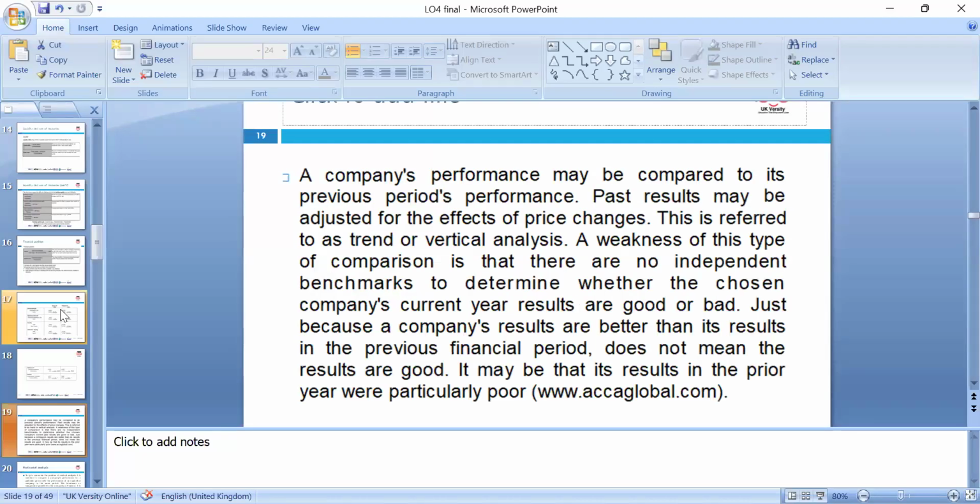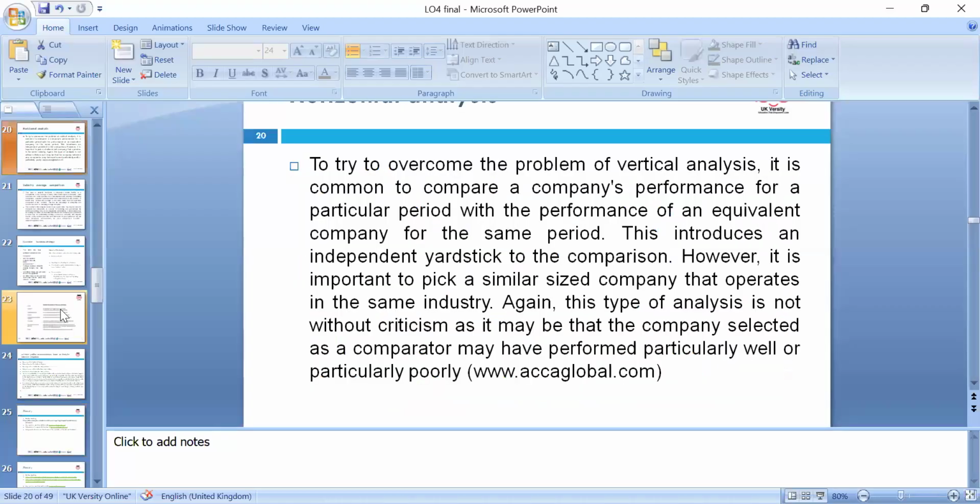A company's performance may be compared with its previous period performance, and past results may be adjusted for the effects of price changes. This is referred to as trend or vertical analysis. The weakness of this type of comparison is that there is no independent benchmark to tell whether the chosen company's current year result is good or bad, so we have to look at 2 years, within the same company and against its competitors.